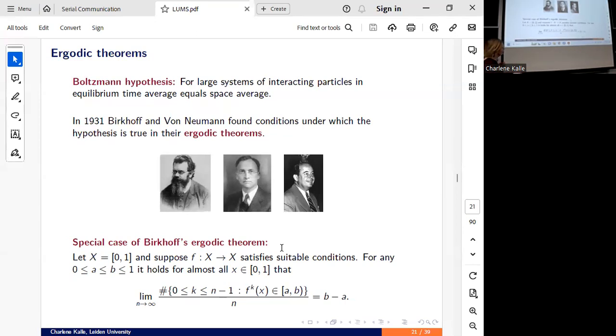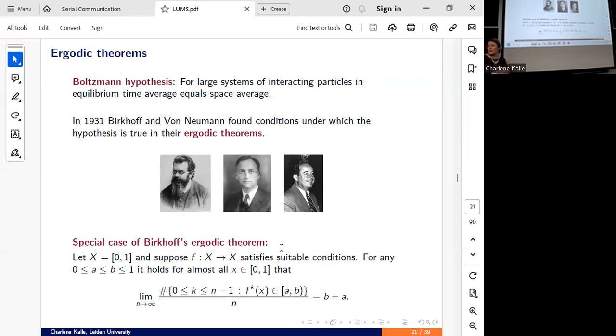The statement says the top part here counts the number of times that the orbit of x lands in the interval from a to b in the first n steps of the system. So the system evolves: we have x, then f of x, and so on, and this is the number of times that this orbit is inside this interval in the first n time steps.